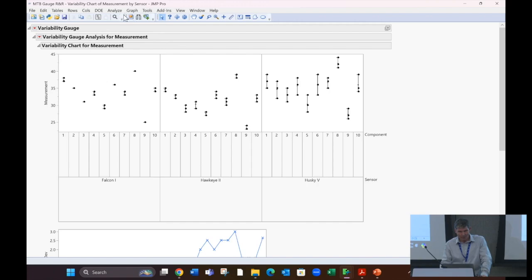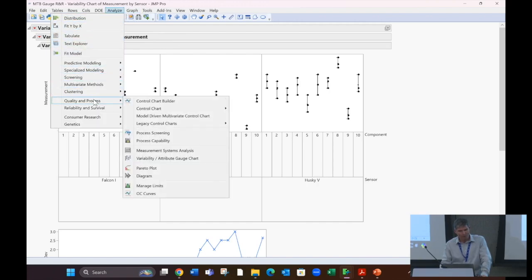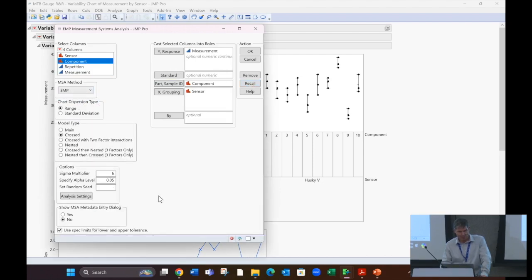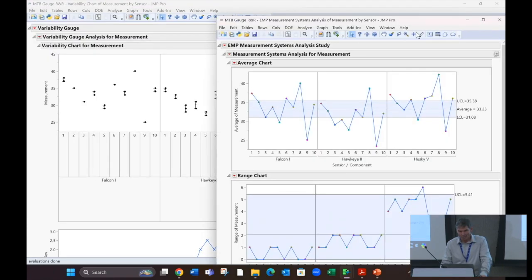I think there's a good view of that if I come back under Analyze, Quality and Process, and this time do Measurement System Analysis, except I'm going to do the EMP. This is from Don Wheeler, who wrote a book in 2006, and it's sort of the current thinking of how we do gauge R&R. This is crossed right here, and maybe we want crossed with the two-factor interaction. So I'll go ahead and do OK.